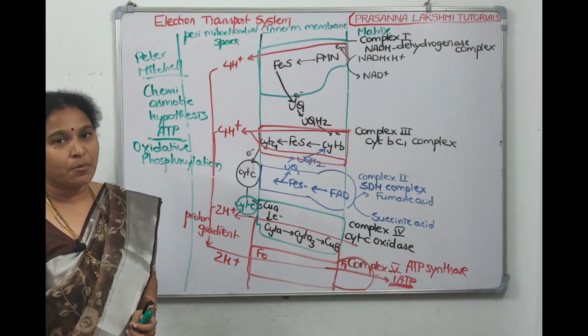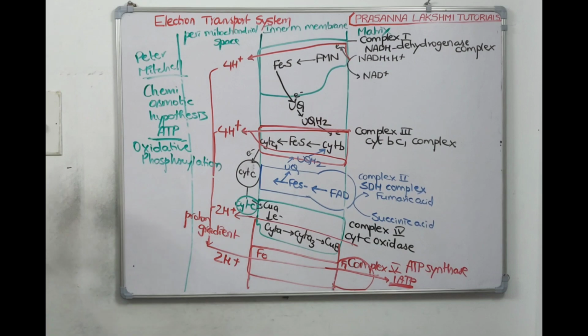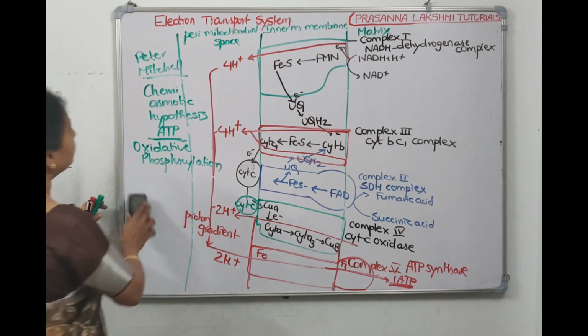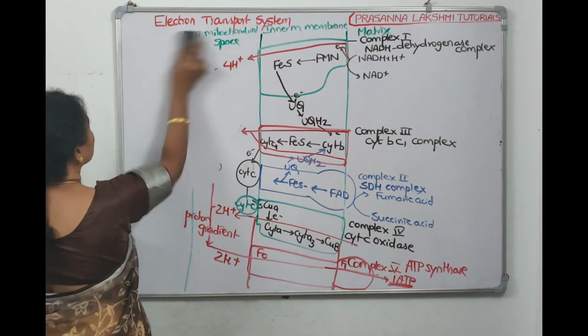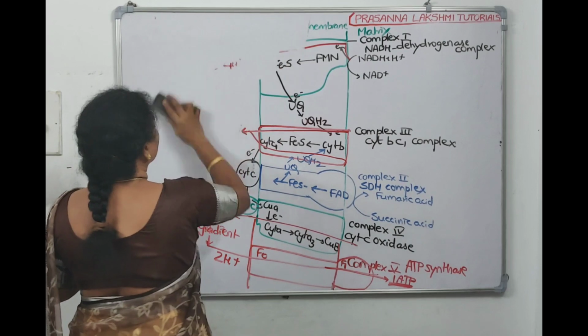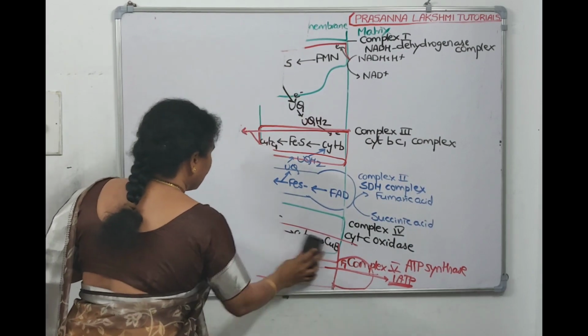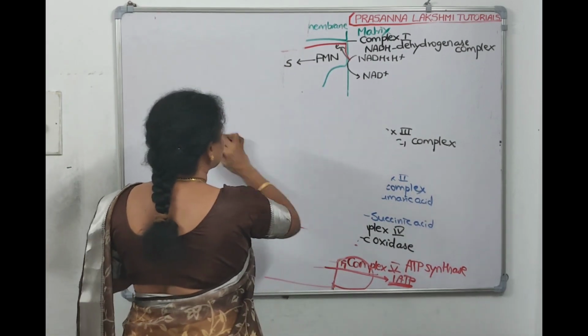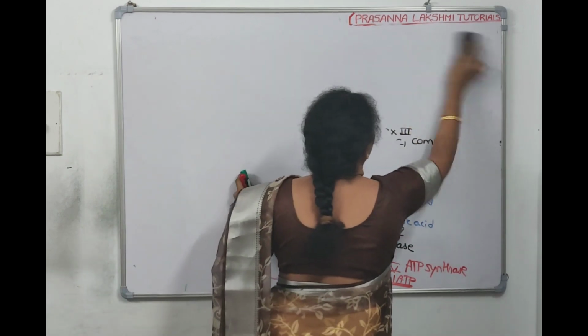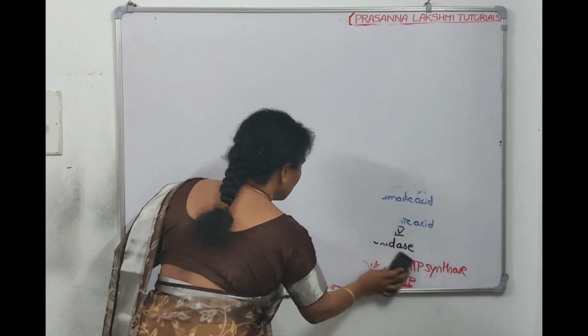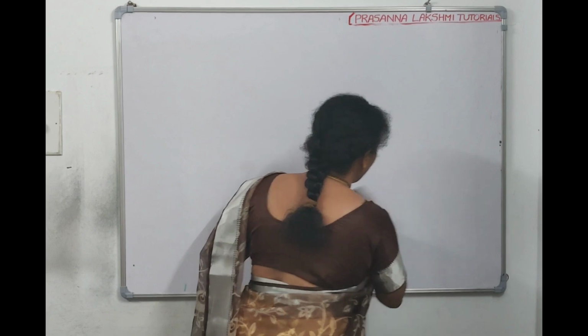Take a screenshot. We'll talk about the respiratory balance sheet now. Yeah, electron transport system is also over. Now when we talk about the respiratory balance sheet, it means when one glucose is oxidized to 6 CO2 and 6 water molecules, how many ATPs are accumulated?